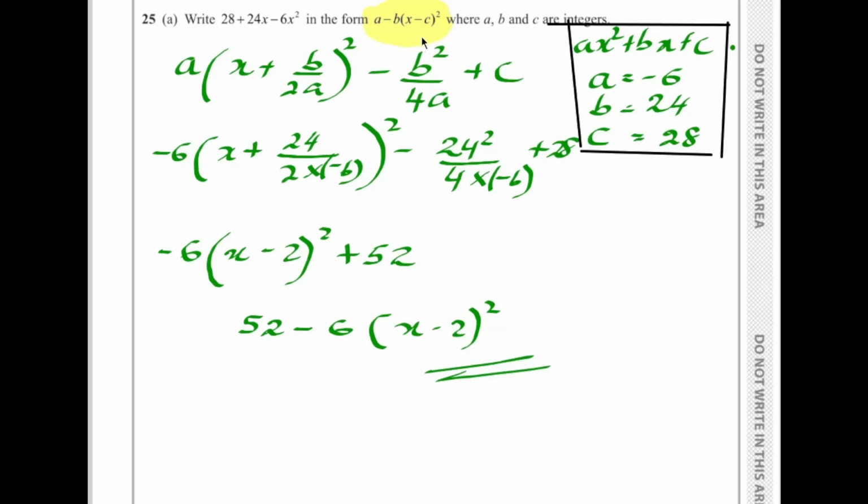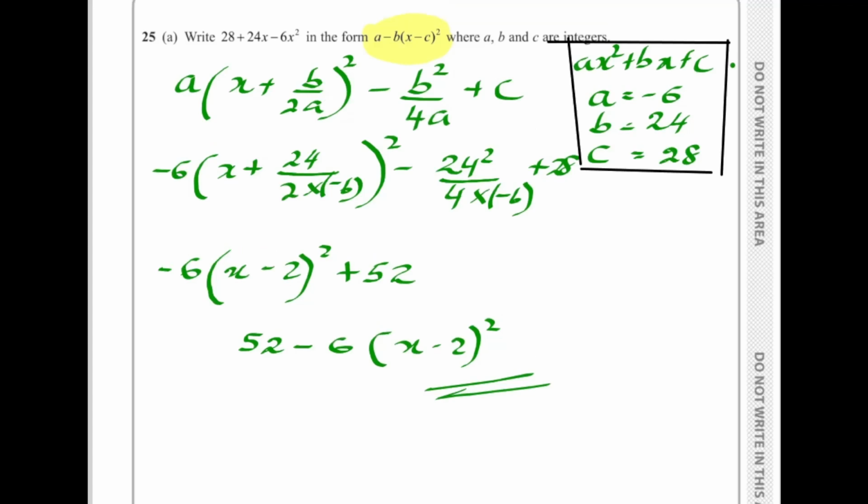The A, B, C in the format are really different letters than this A, B, C. So you can straight away pick A and put it here, B from here and put it here like this. Now in this case minus 6 is here. You can straight away write this as minus 6. We got it as 52. Therefore, you need to memorize this formula separately and learn how to substitute values into this formula.